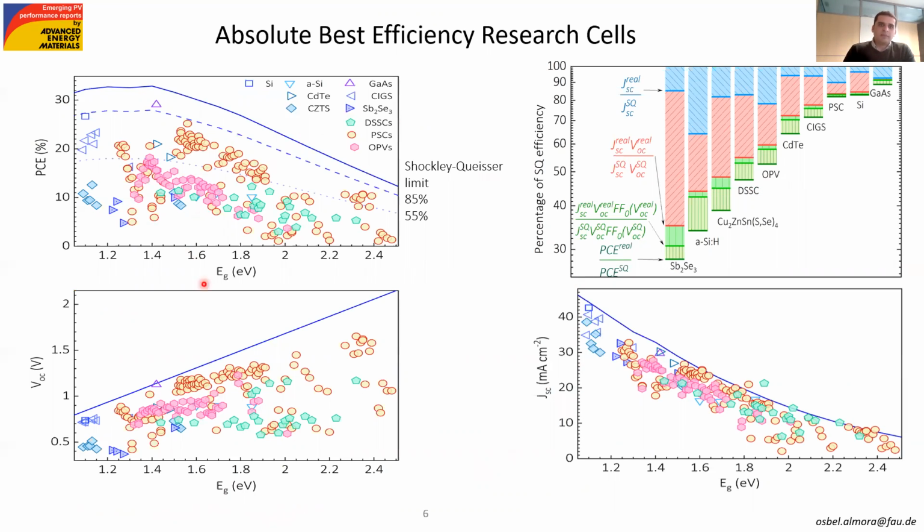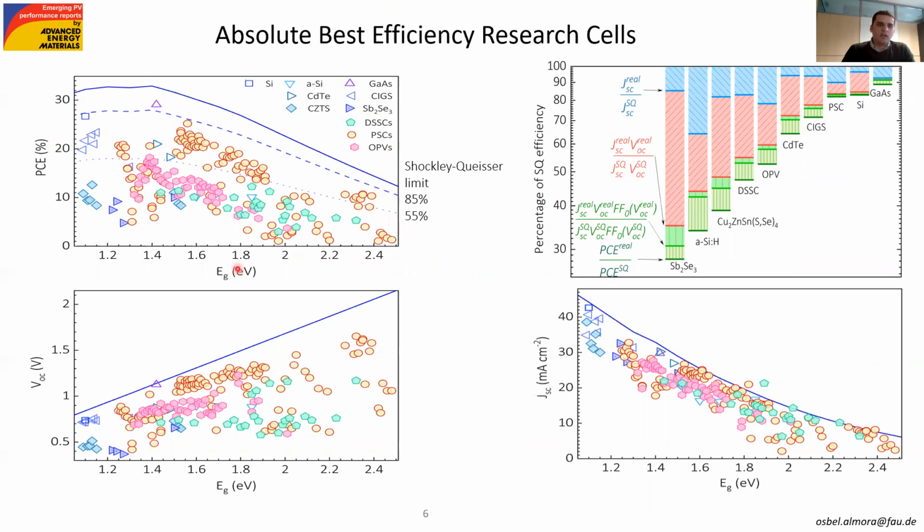This is basically what you can find in the Emerging PV Reports. The most general representation is just the absolute efficiency for each bandgap. In this plot, you can find different technologies. We are mostly focused on emerging photovoltaics.